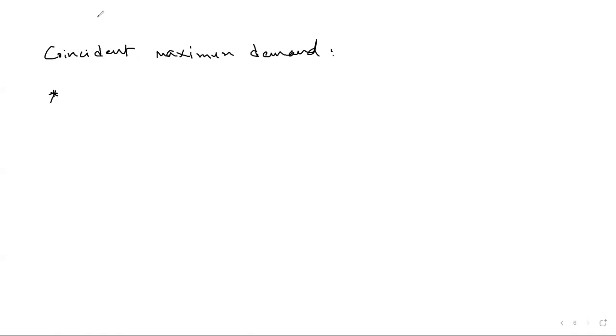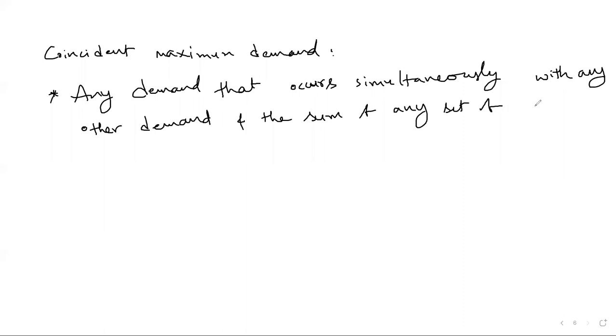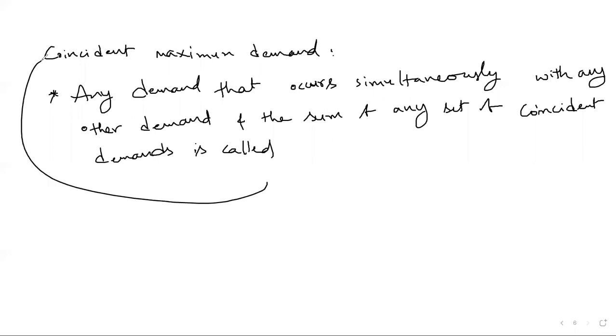Any demand that occurs simultaneously with any other demand, those two are called coincident demands, and the sum of any set of these coincident demands is called coincident maximum demand.